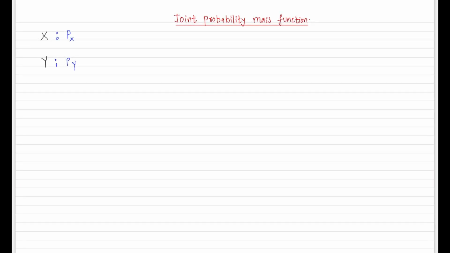So if I ask you, with this info that you know the PMF of random variable X and the PMF of random variable Y, what will be the probability that random variable X will take the value 1 and at the same time random variable Y will take the value 2? What's the probability?